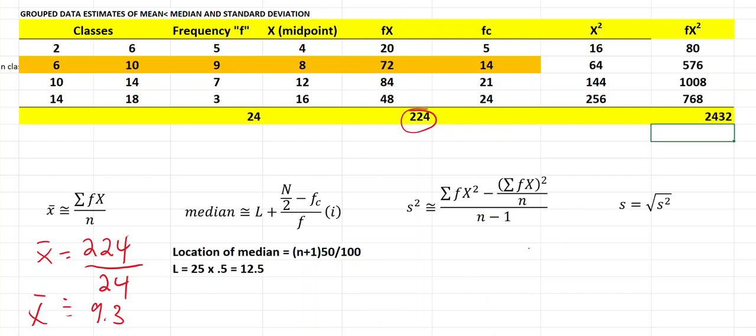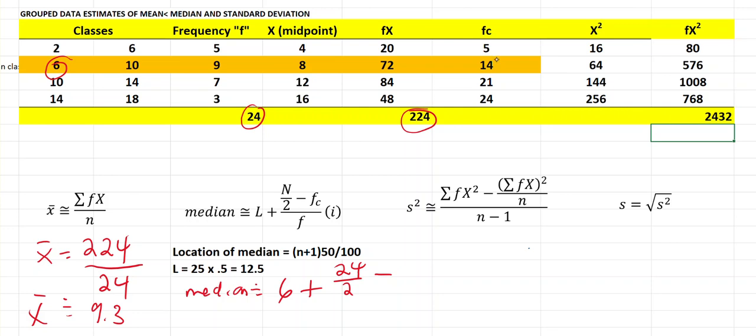Next, I need the median. So the median is going to be the lower limit of the median class, and in this case it's 6, right? That's the lower limit of the median class, plus n over 2, which is 24 divided by 2, minus fc, which is the cumulative frequency excluding the median class.